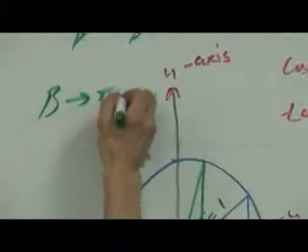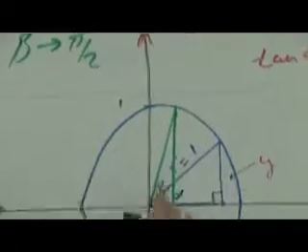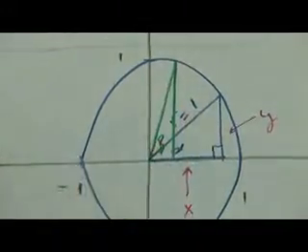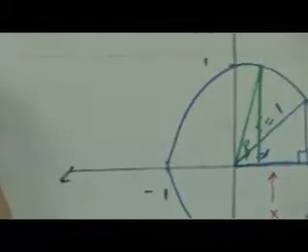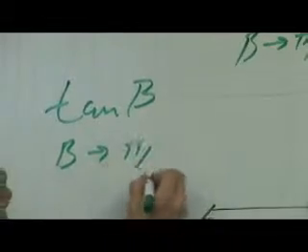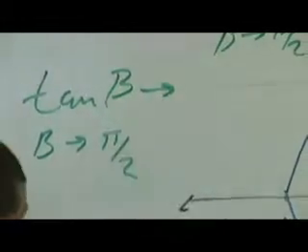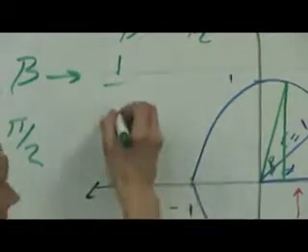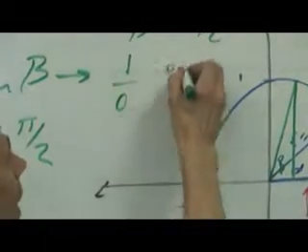You'll notice that as beta approaches pi over 2, which is 90 degrees, y, which is going up, is going to get closer to 1. So tangent of beta, as beta goes to pi over 2, the y is going to 1, and the x is going to 0.